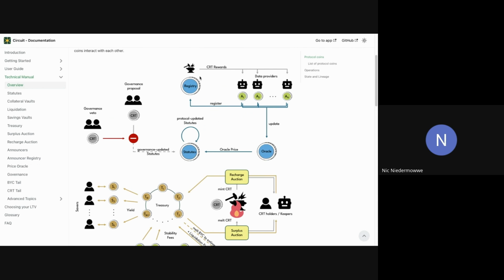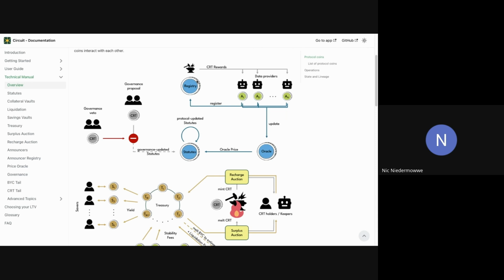And then the last thing we haven't talked about yet is the registry coin up here. This coin is designed to reward announcers with some CRT, which the protocol mints. The CRT is given out for announcers that have been doing their job and who have been contributing to this oracle price update process.